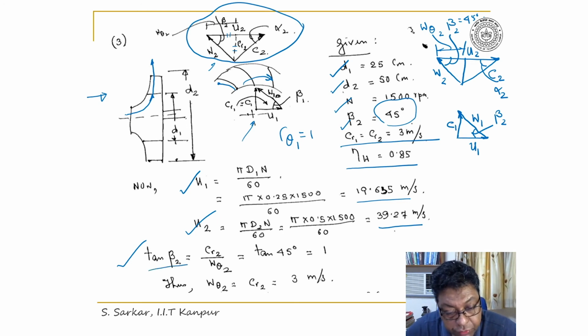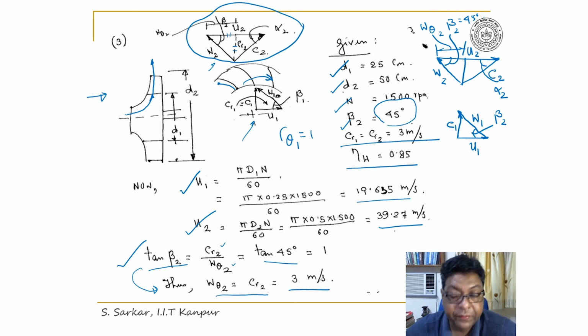Now this is 45 degree. So from this equation I can get W theta 2 equal to CR2, where the value of CR2 is given as 3 meter per second. So I can evaluate W theta 2. Now let me go to the next page.